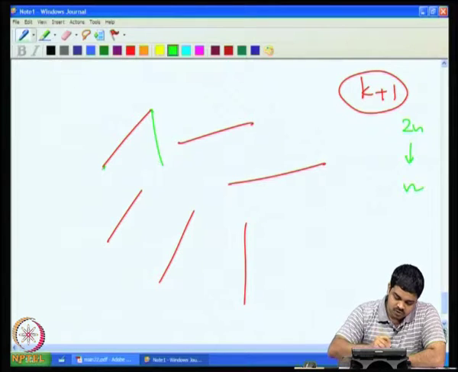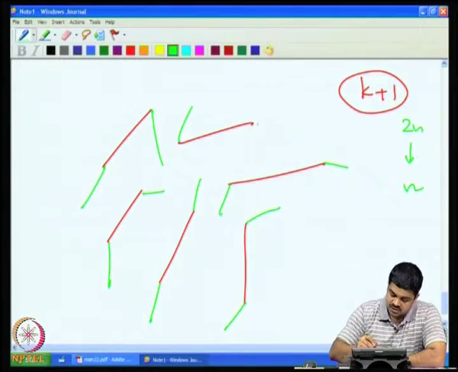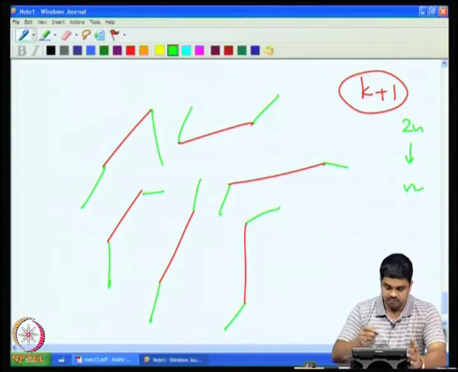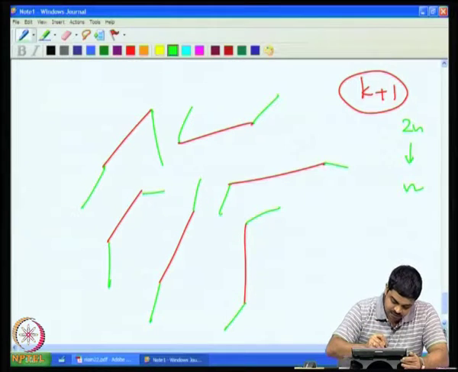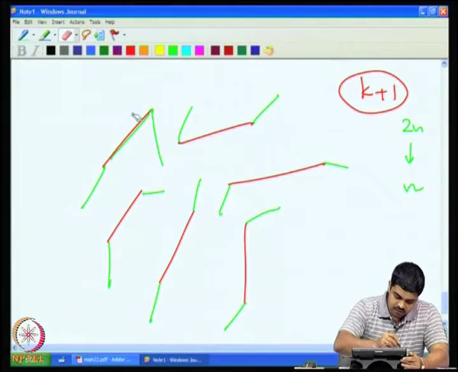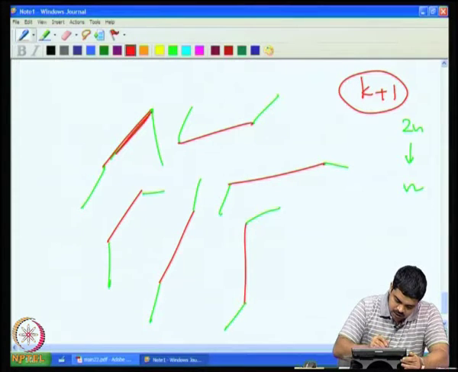You will always be able to find both red and green at every vertex. Now, what will you do? Like in the earlier argument, we start from this vertex, follow the red edge here, and again the red edge here. Now we follow the green edge.